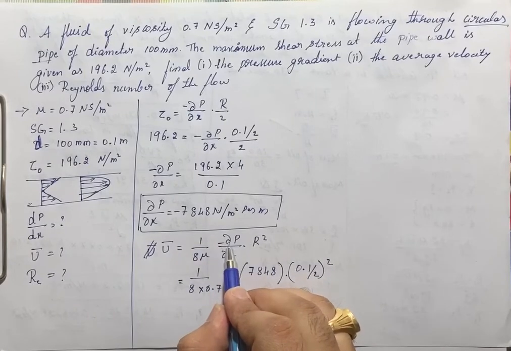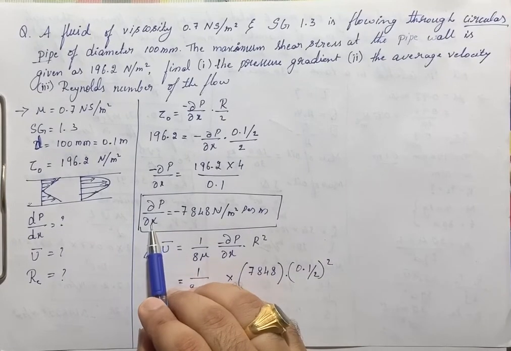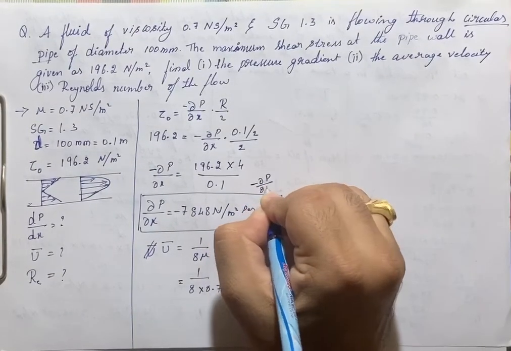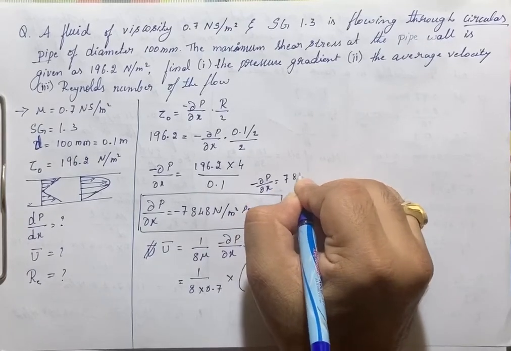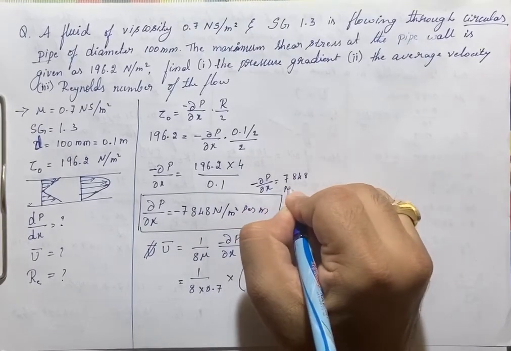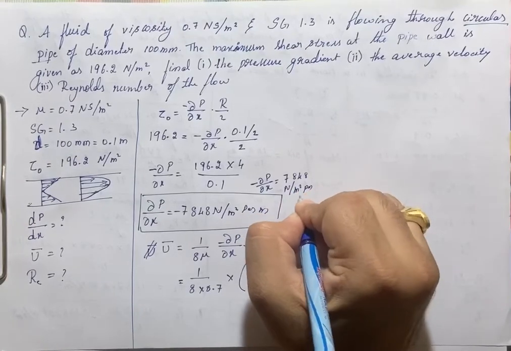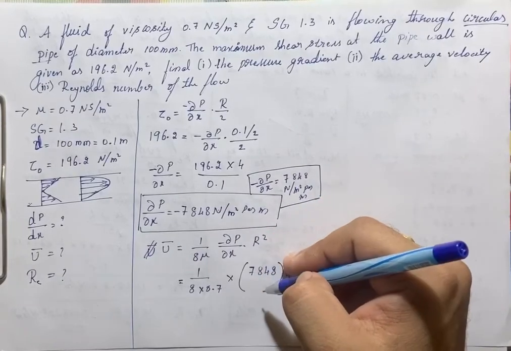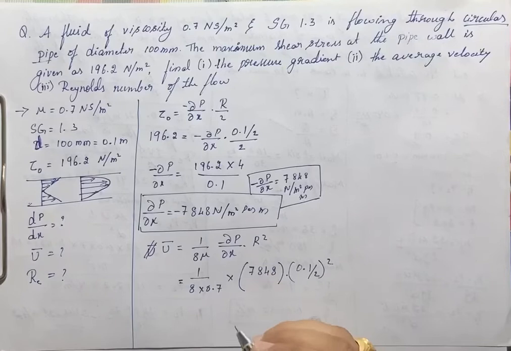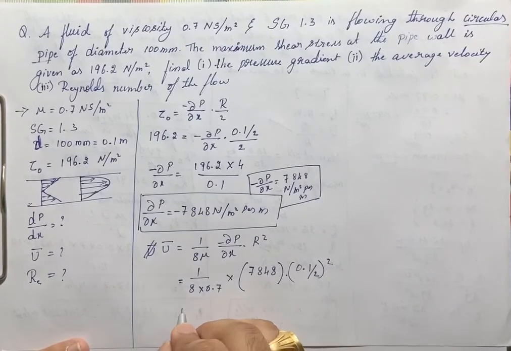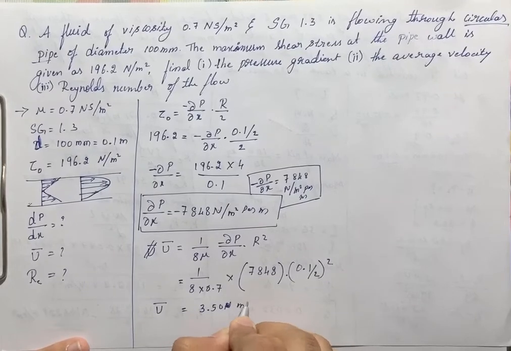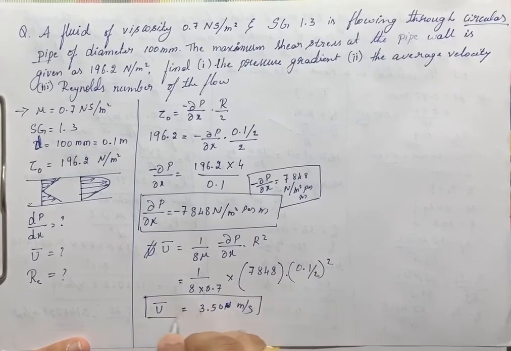Minus ∂p/∂x is equal to 7848 Newton per meter square per meter, right? Here we'll directly substitute that value in this formula. After calculating this, we get u bar as 3.50 meter per second. This is the average velocity here, right?